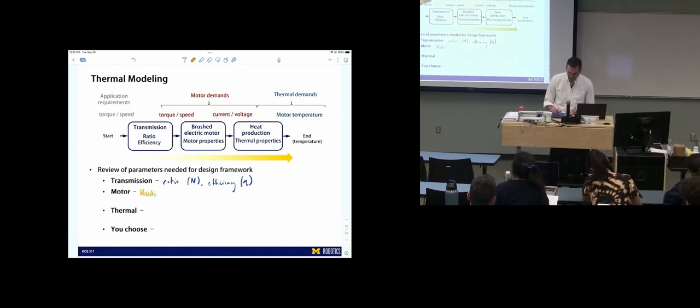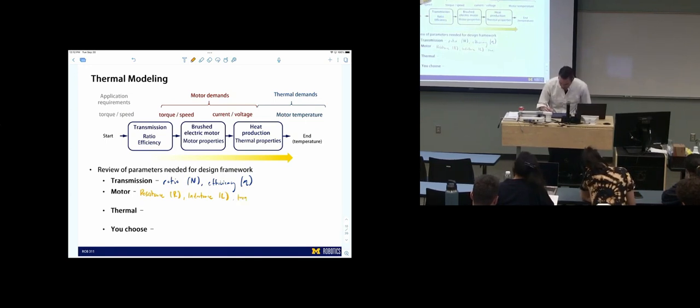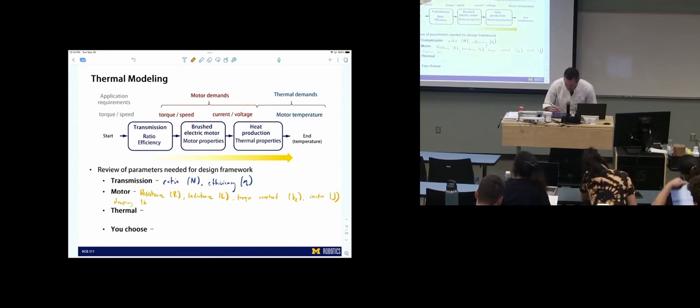Resistance, R. It had inductance, which we call L. Torque constant, KT. Inertia, we call it J. And damping, we call it B. So you need a bunch of parameters.